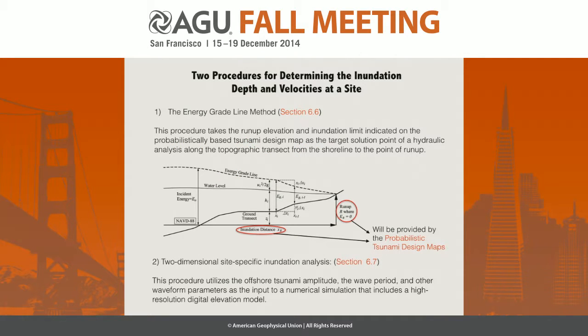So in the section 6.5, they propose 2 procedures to determine the inundation depths and the velocities at a site. The first procedure is called energy grade line method.